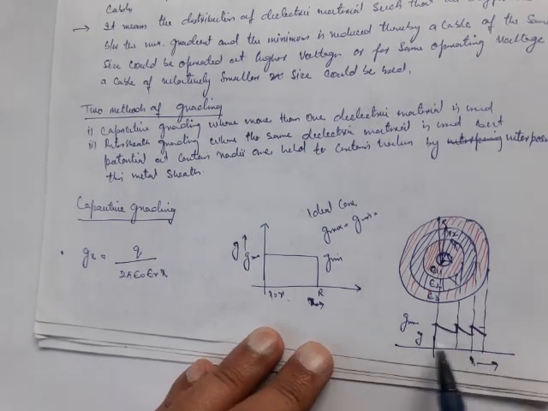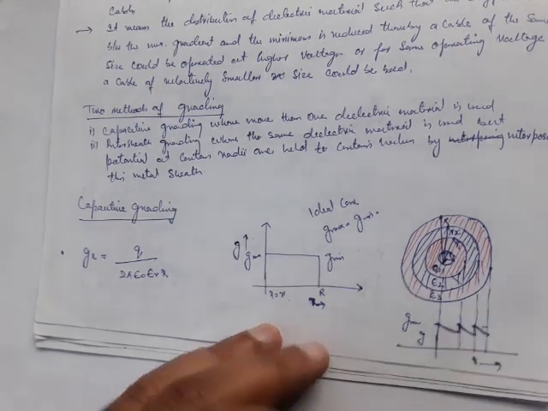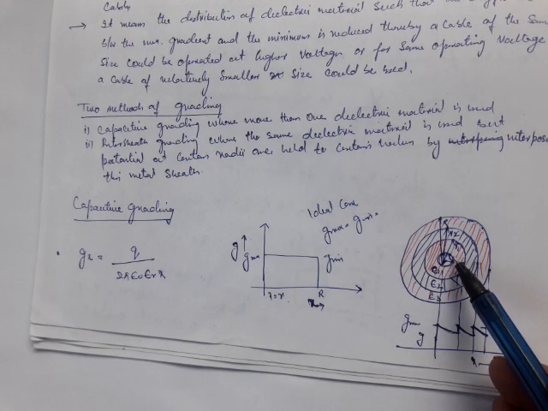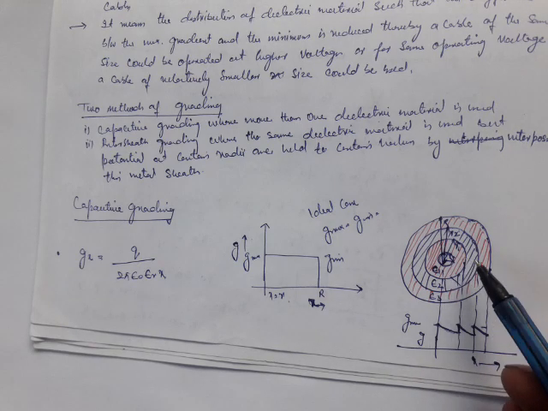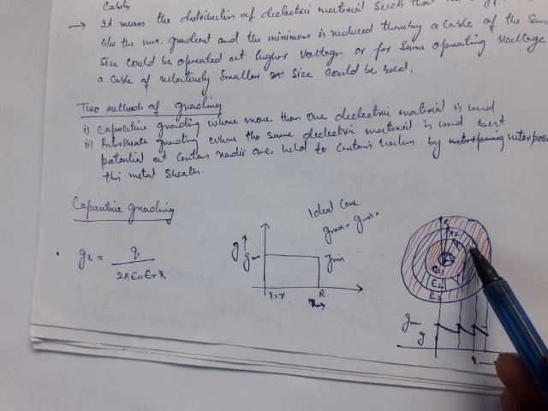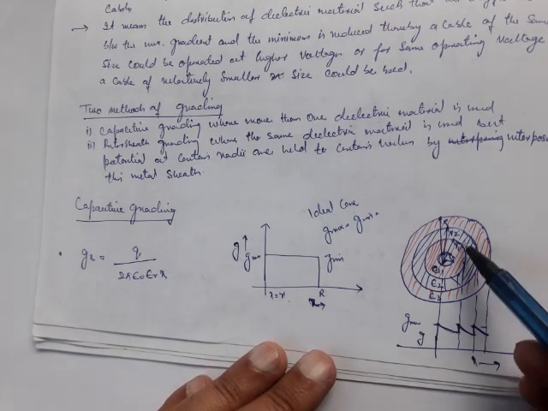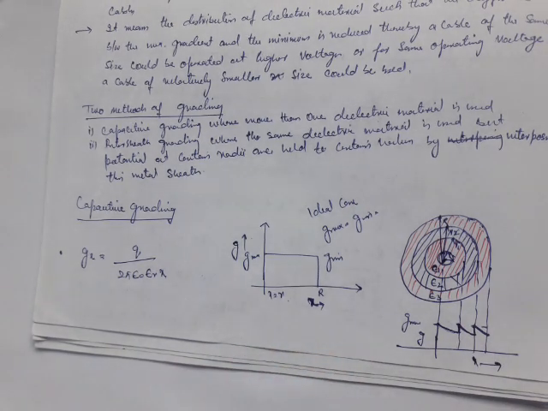You can see it is a practical distribution, because from here to here there will be a change in dielectric strength, and it will be maximum at what point? It will be maximum at the surface of the conductor, and it goes on decreasing. Similarly, at this point, since it is a different dielectric material, this E has increased because of different electrical permittivity, it will slightly go up, and we will see how this happens.